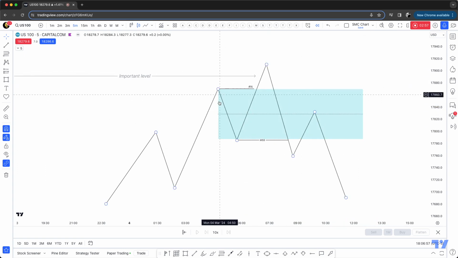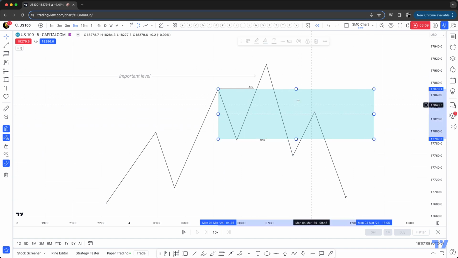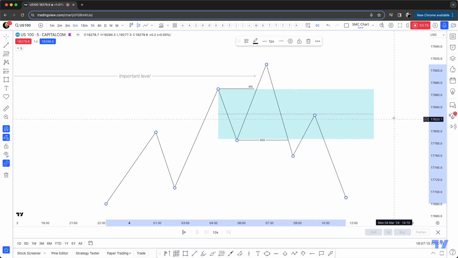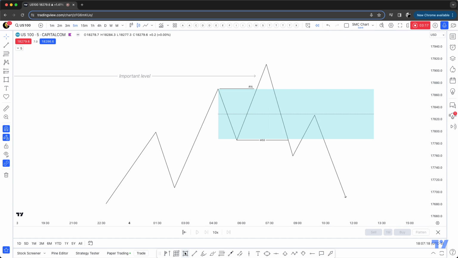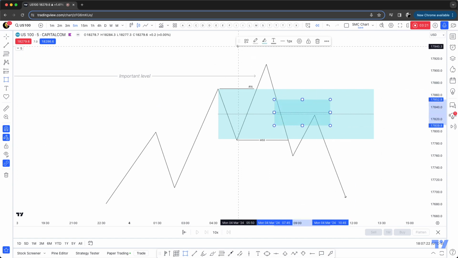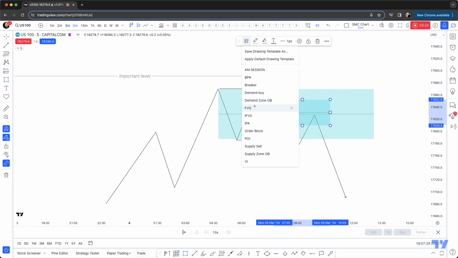Of course these are just lines at the moment, but technically this is the breaker block right here. This actual move was a demand zone, an order block, and then it got disrespected, it got broken, then price is coming back up to retest, or it's also going to be touching a fair value gap that is inside this area.